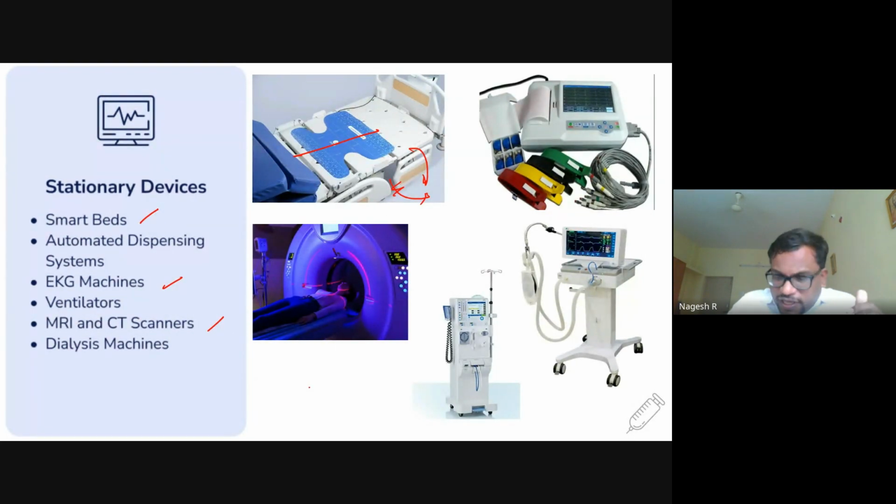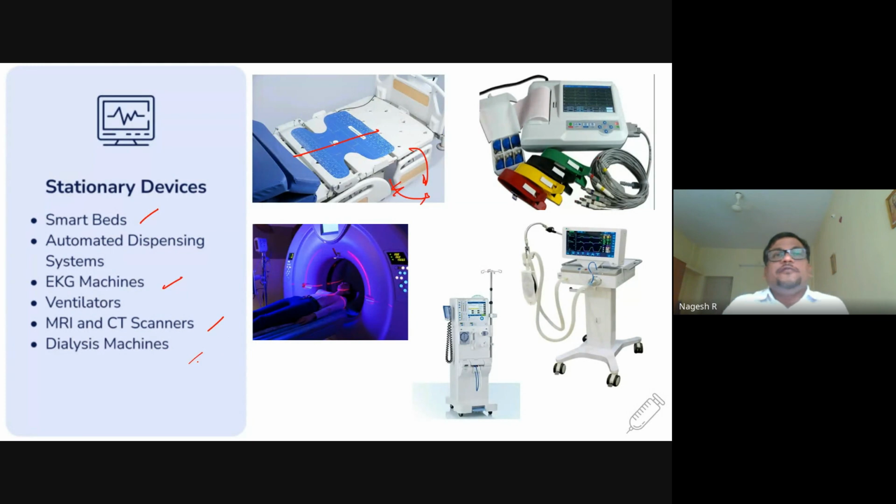I came across a study where, because of the advent of AI and IoT, a doctor who used to attend up to 200 patients is able to attend to around 2,000 patients.